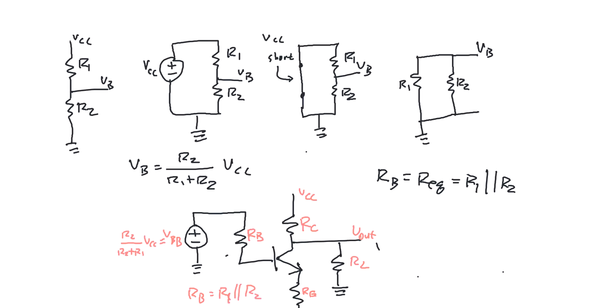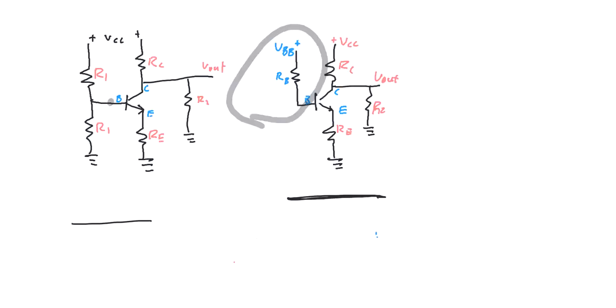That is how we could solve that, and if we redrew it, we could redraw it like this. We could draw it so that we have VBB feeding RB into this base.